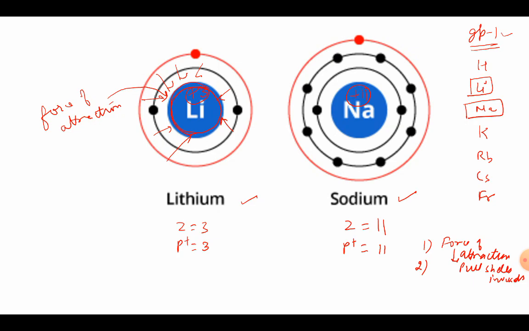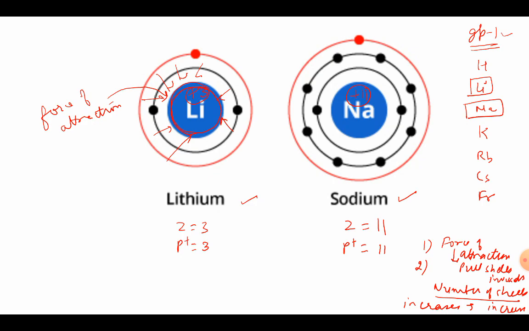And the second factor on which the atomic size depends is the number of shells, right? If the number of shells increases, the atomic size is going to increase. So there are two factors. One factor will decrease the atomic size and the other factor will increase the atomic size.